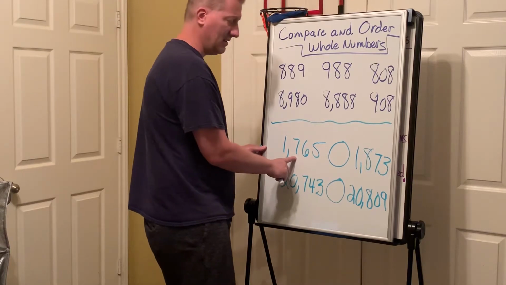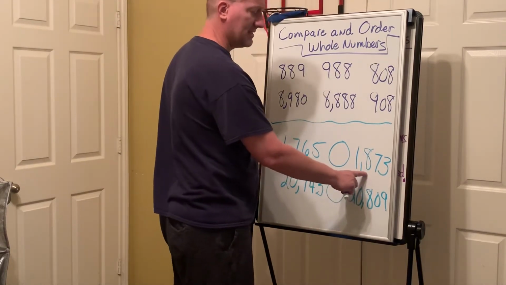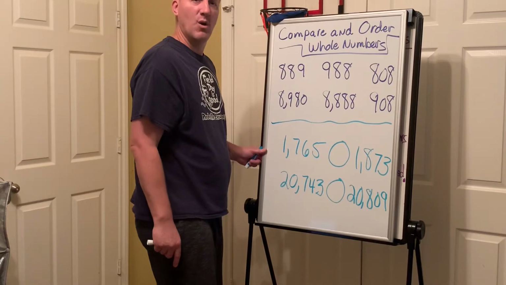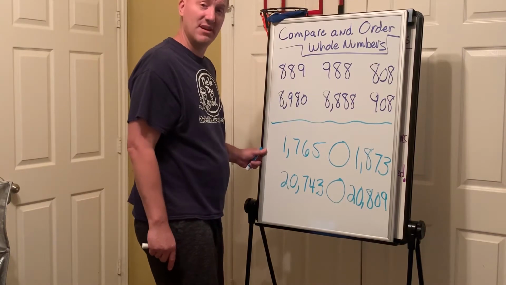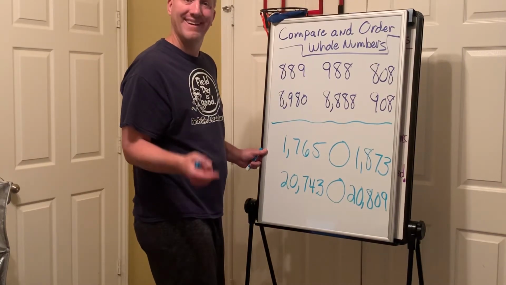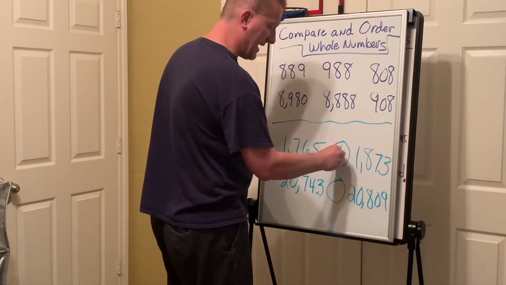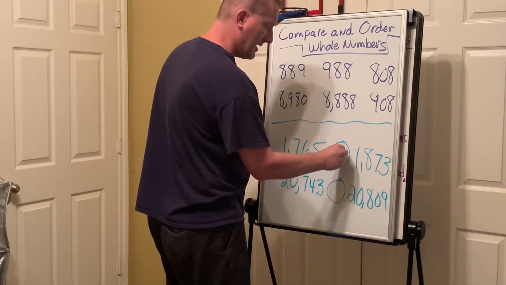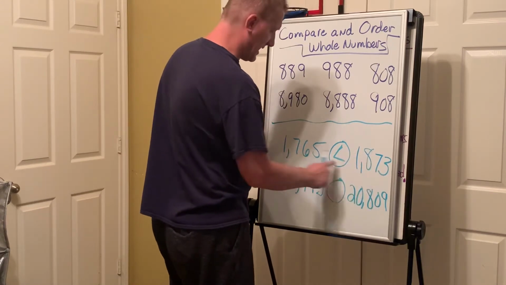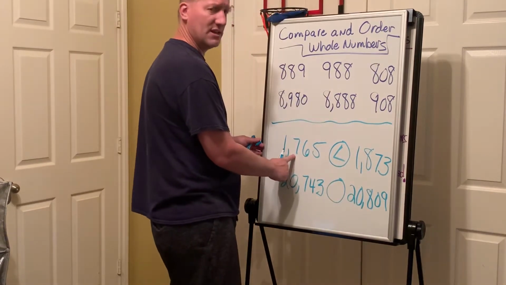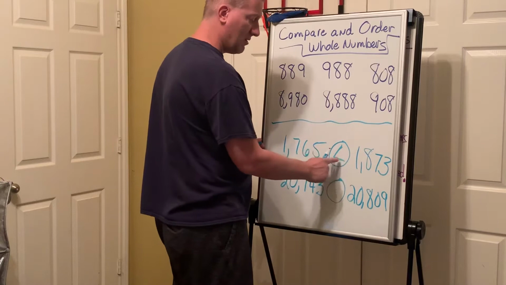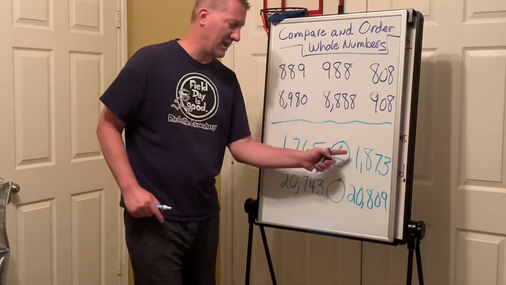Here's a 7, here's an 8 in the hundreds place. Which one is greater, 7 or 8? 8 is greater. So therefore, that's going to make this number greater because 8 is greater than the 7 in the hundreds place. So you're going to put the greater than symbol.